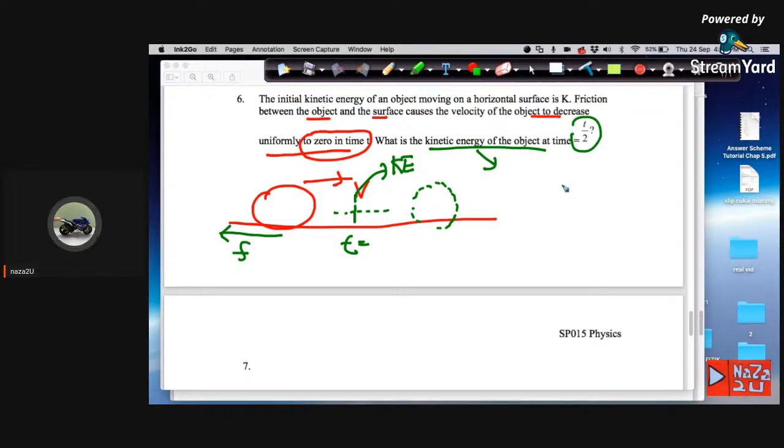First, because the object is moving with velocity V, it has kinetic energy half mv square. So the initial kinetic energy is equal to half mv square. After T over 2, or half T, what happens to the velocity?